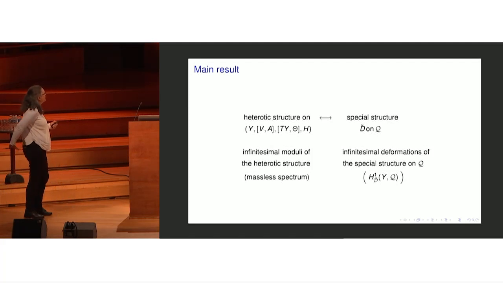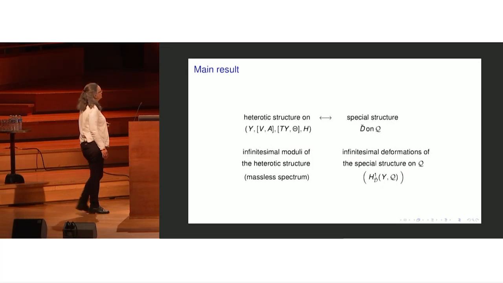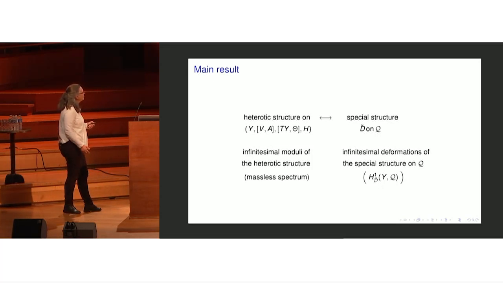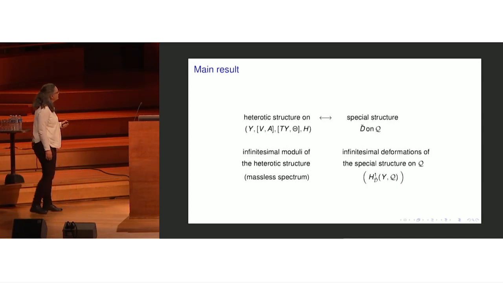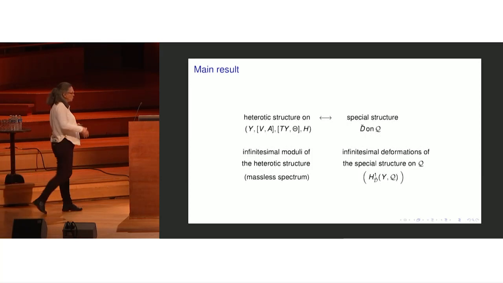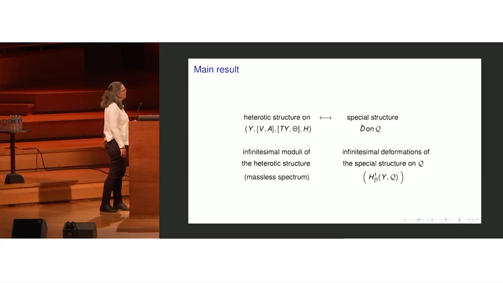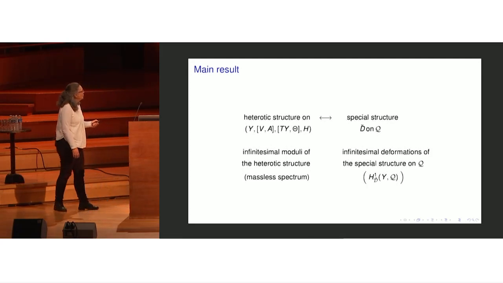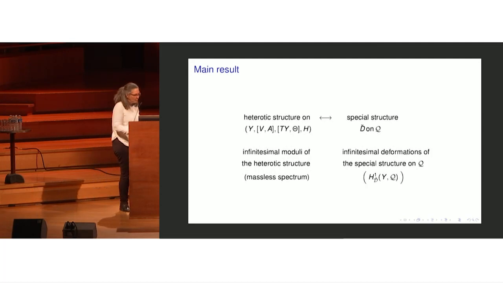And these are equivalent to some special structure on this bundle Q. In particular, we have an operator that is nilpotent. And the infinitesimal moduli space of the heterotic structure with these alpha prime corrections corresponds to the first cohomology of this operator. So this is an attempt to understand perhaps the massless spectrum.